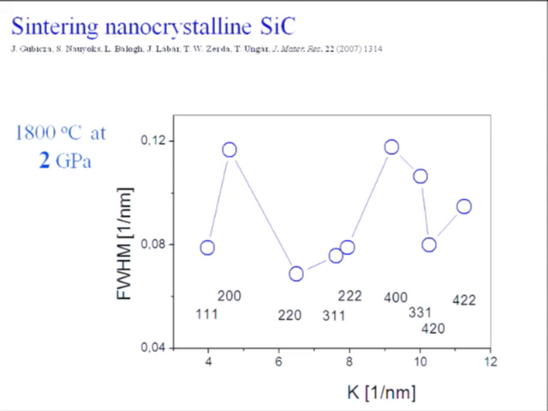This is a Williamson-Hall plot, which gives you a very good idea of what is happening in your material. You have the full width at half maximum in 1/nanometer scale, and this is the diffraction vector coordinate, again in 1/nanometer. What you see here is that the higher harmonics have no extra broadening.